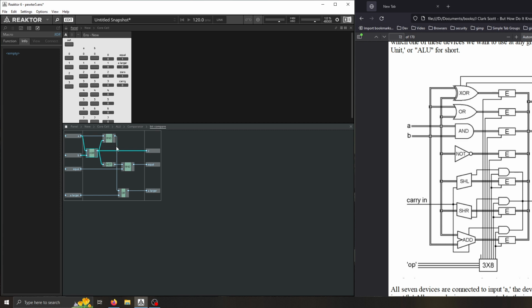And if they're equal, we can determine that if they're not XOR and the previous bit is equal, then we continue to say that it's equal through each bit.